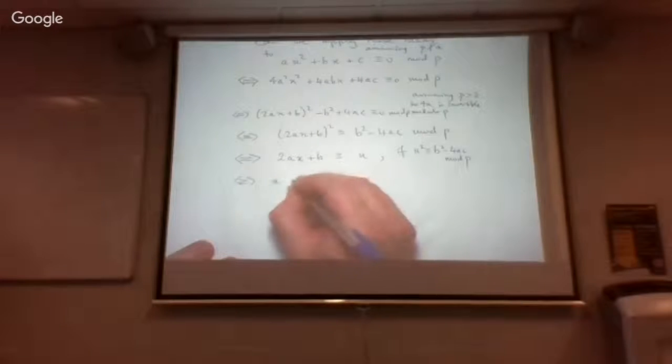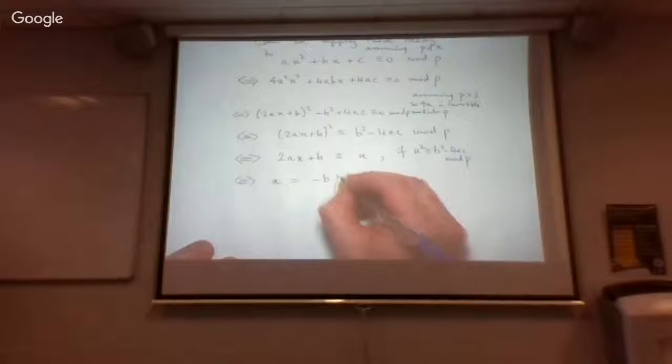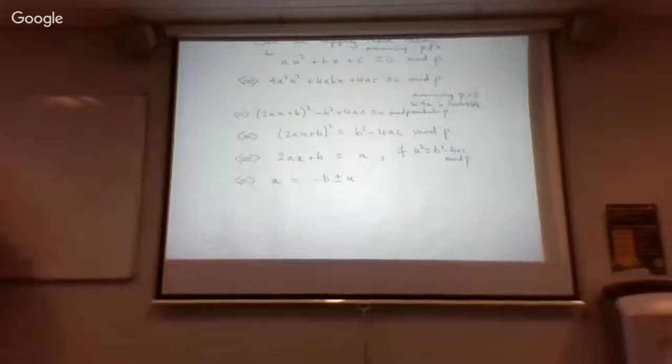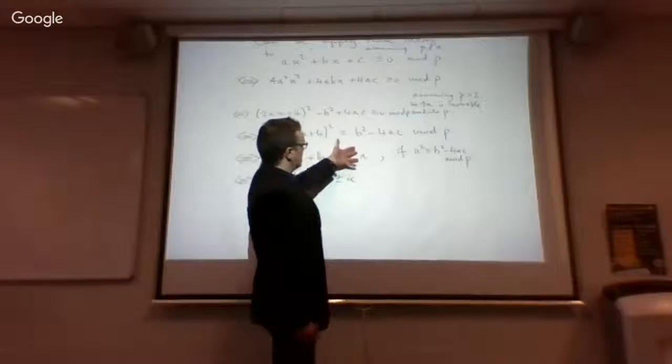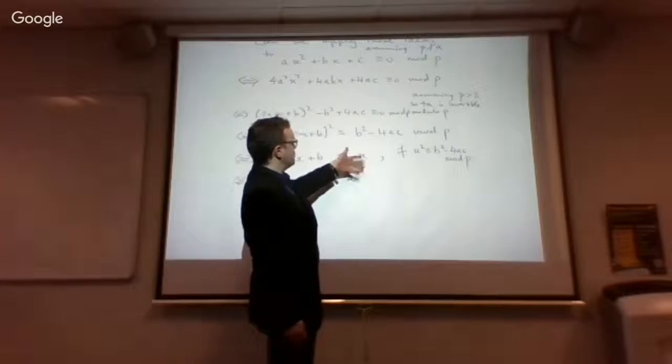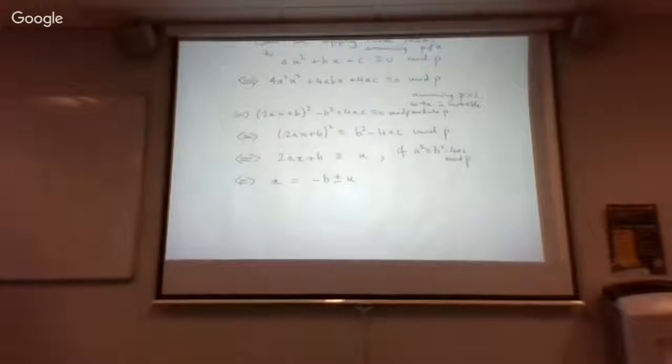And then we can go on. Then we get minus b, well, let's say I'll put down plus or minus. That's not too hard to see, because in modular arithmetic, if I square u or square minus u, I get to the same congruence class, because minus 1 squared is always 1.